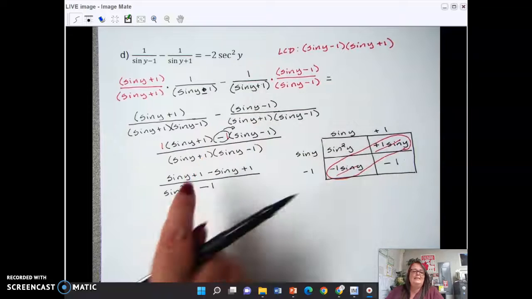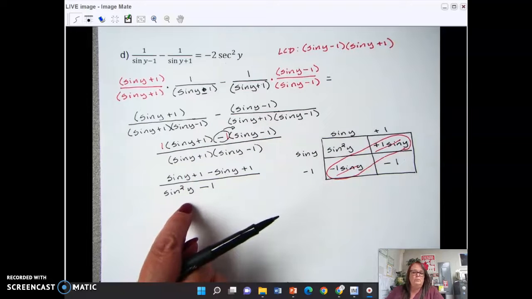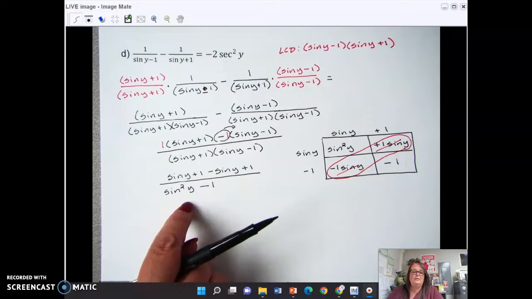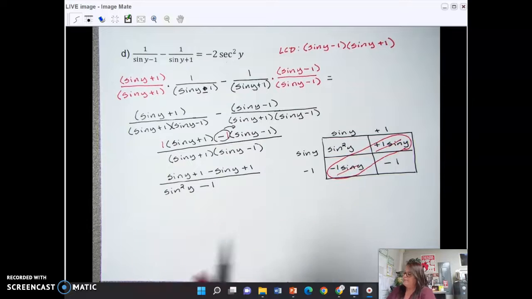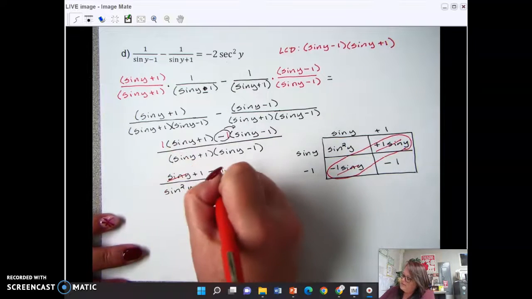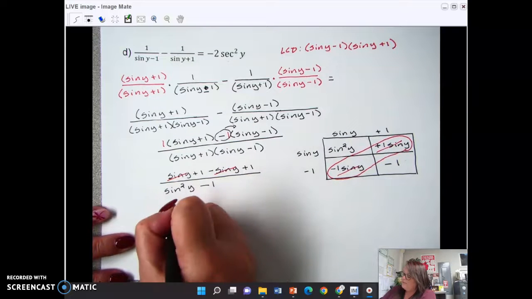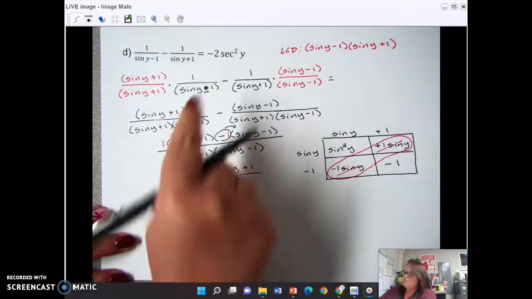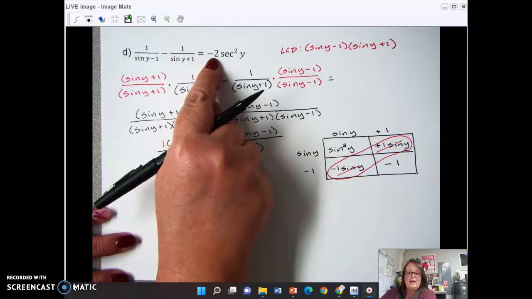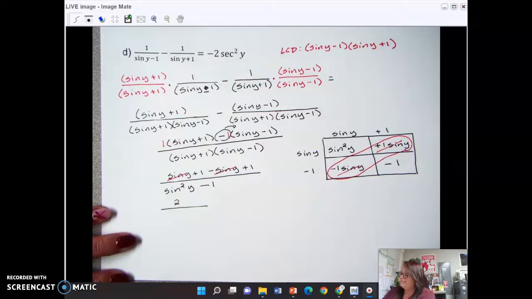If I can get this to have some sort of 1 over cosine squared in it, then I'm headed in the right direction. Okay? So in my numerator, you'll see that positive sine of y and negative sine of y cancel, and I get 1 plus 1 makes 2. And that's good news because I have a 2 on the right-hand side. So I was worried about getting that.